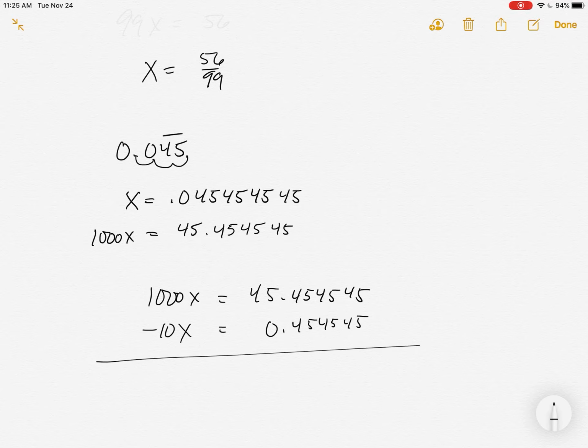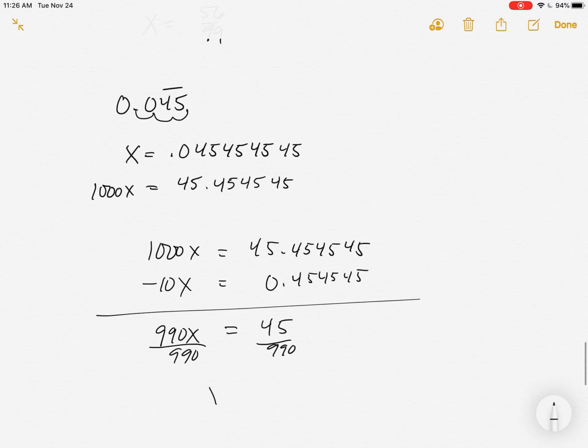So 1000x minus 10x is 990x, and that's going to subtract to 45. And you're going to divide both sides by 990. And so look what you have. You have x is equal to 45 divided by 990. Now both of those are divisible by 9, because we know 9 times 5 is 45, and 99 divided by 9 is 11.